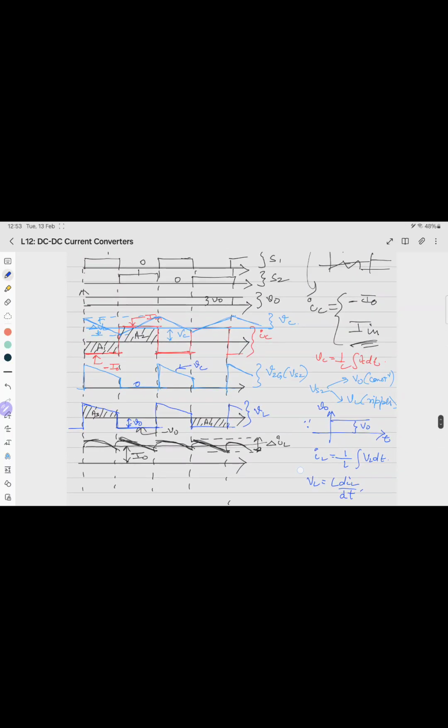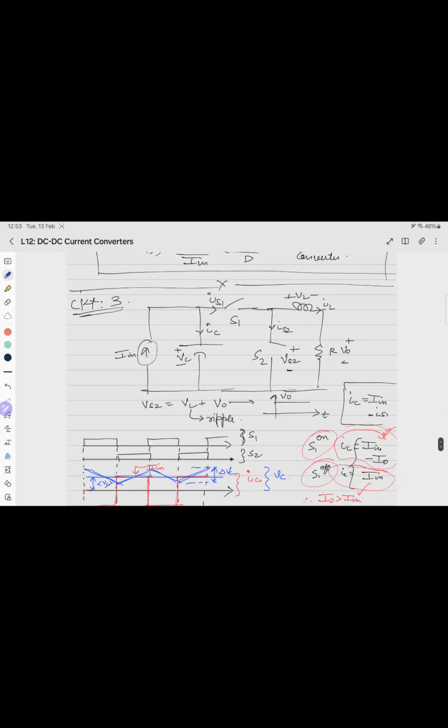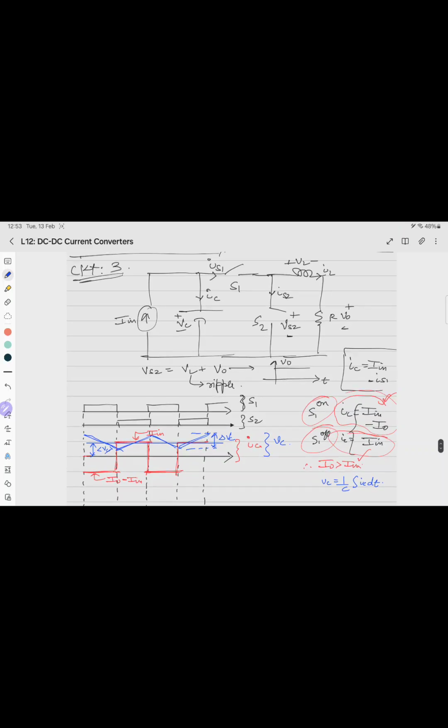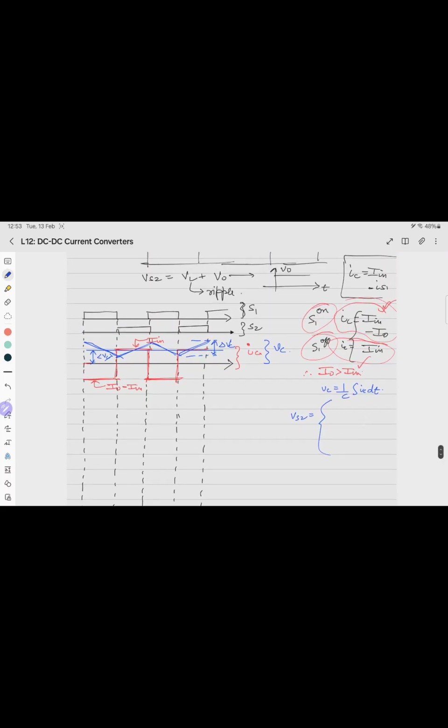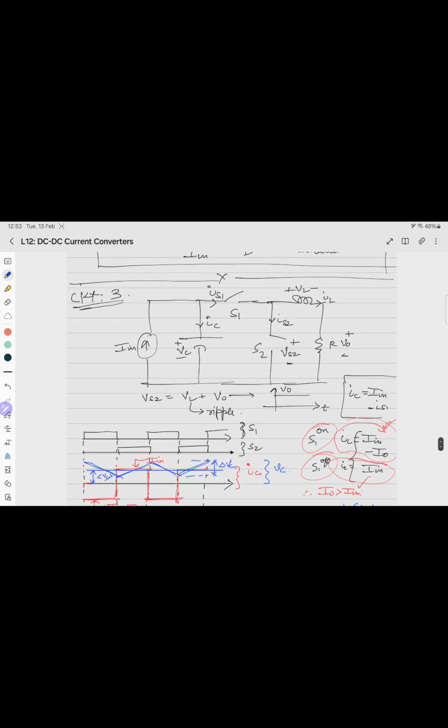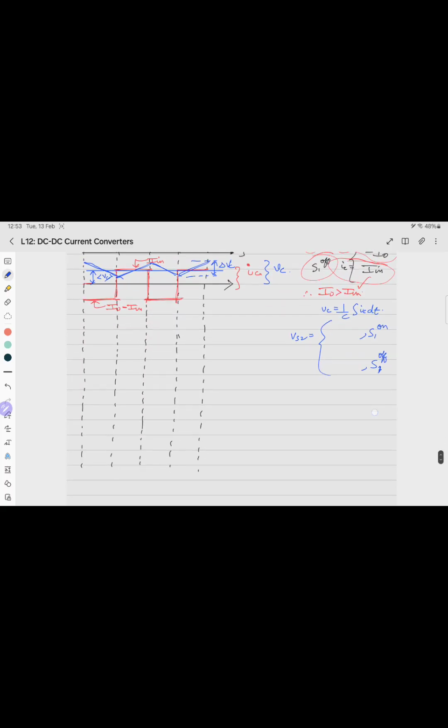Now after VC, we should go to the output side, that is VS2. So we'll write VS2 when S1 is on, and when S1 is off. When S1 is on, the switch is open, so the voltage across S2 becomes VC.